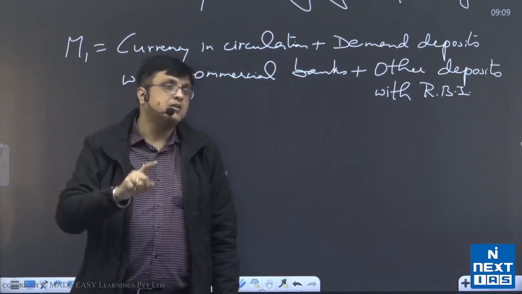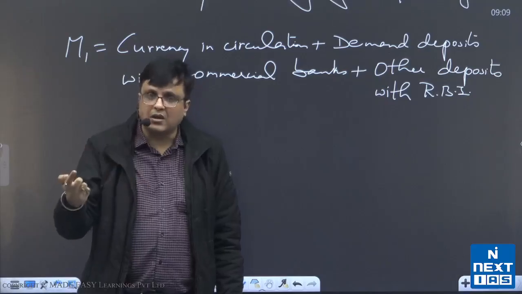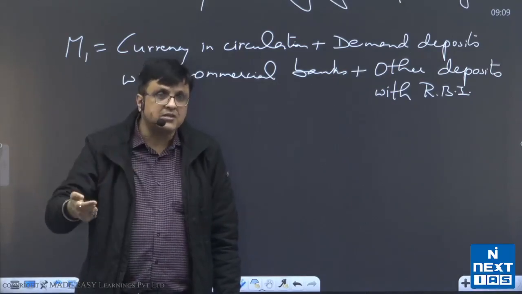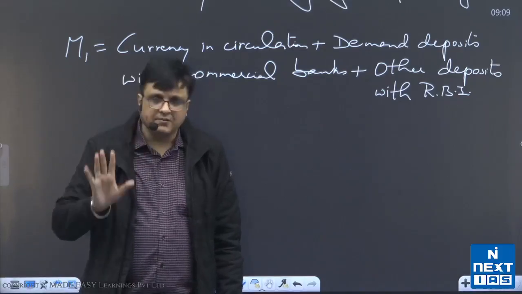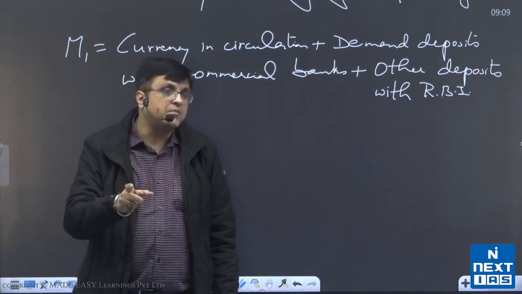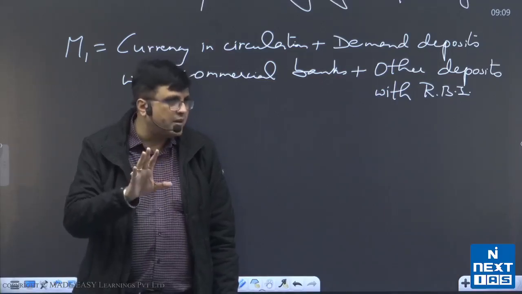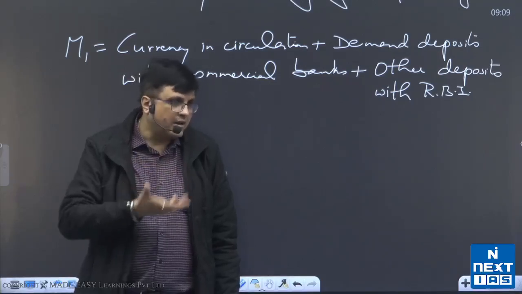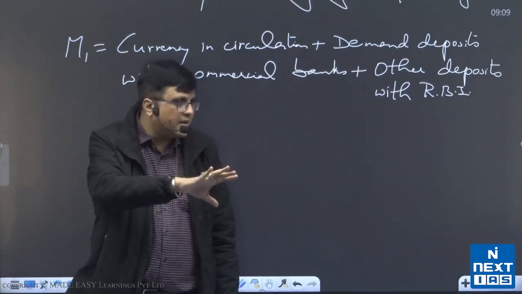Demand deposit is also all the deposit in the savings account, the account that me and you can have in a bank. So all the deposits in the savings account above the minimum reserve requirement or the minimum balance requirement. Remember, when we keep our money in a savings account, the bank says a minimum balance should always be maintained. अगर बैंक बोलते हैं आपको 1000 per month maintain करना है, that has to be maintained always.